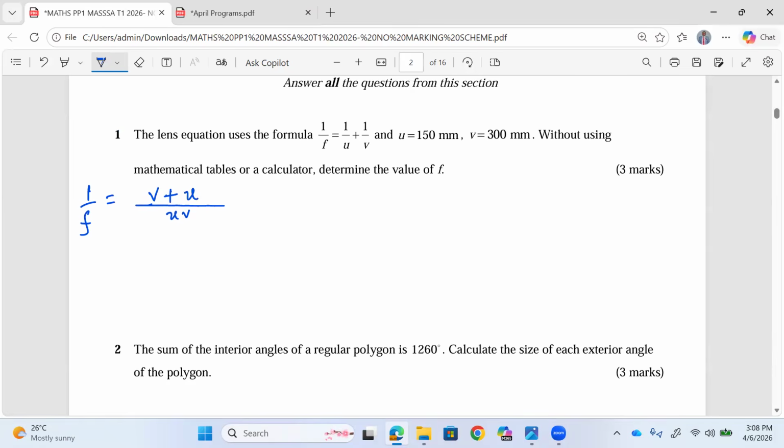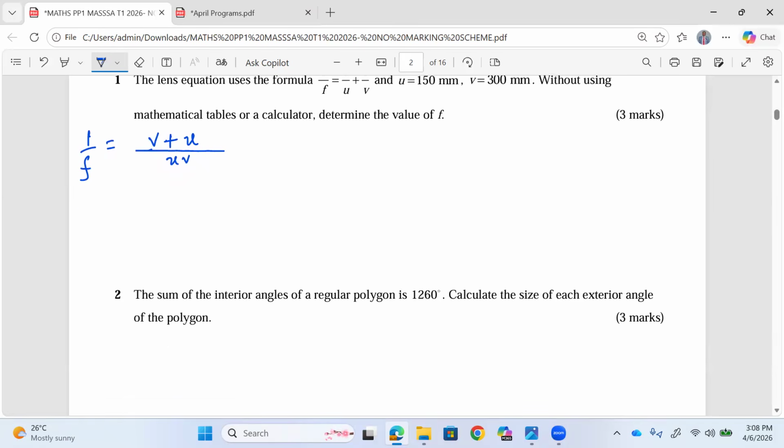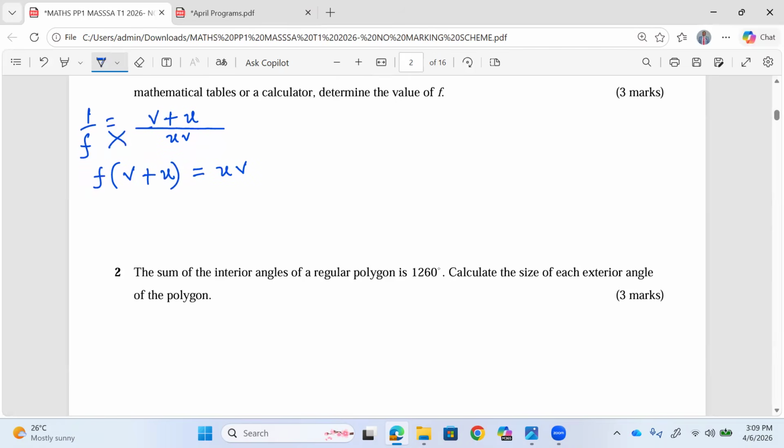At this point, can we cross multiply? When we cross multiply, it shall be f into v plus u equals u times v, because uv is multiplied by 1 at the cross multiplication level. At this point, we can remain with f alone, whereby we say f equals uv over v plus u.